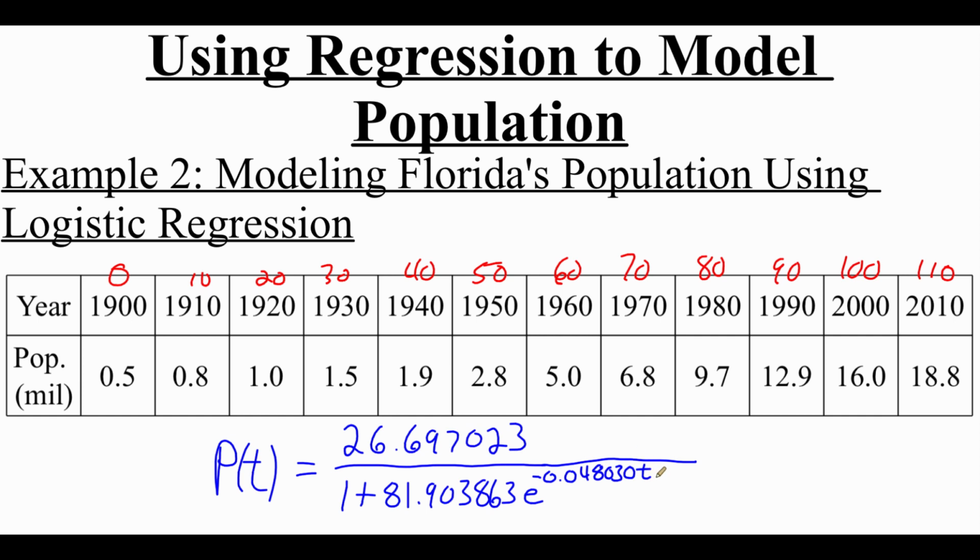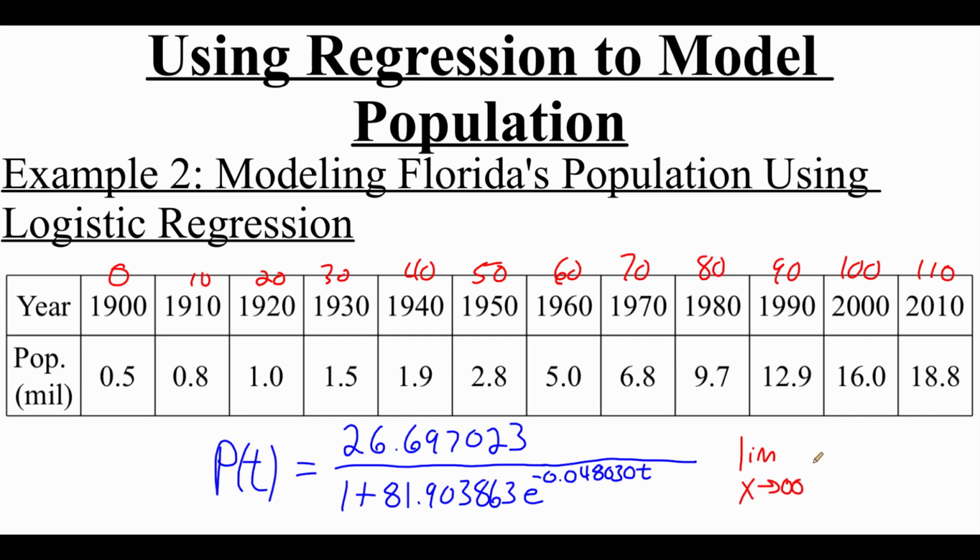That's our logistic model. Now, if we remember with logistic functions, that C value on top is kind of like the maximum value that we're ever going to get to. So our population is never really going to grow above 26.697 million. So we can actually look at this as a limit as we're going out to the right-hand side.